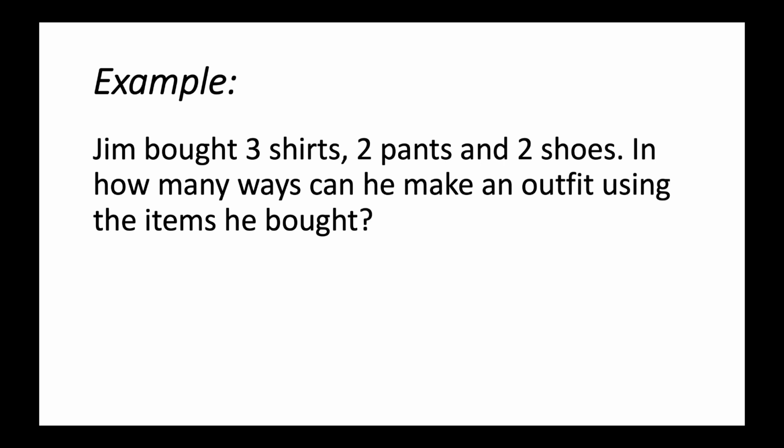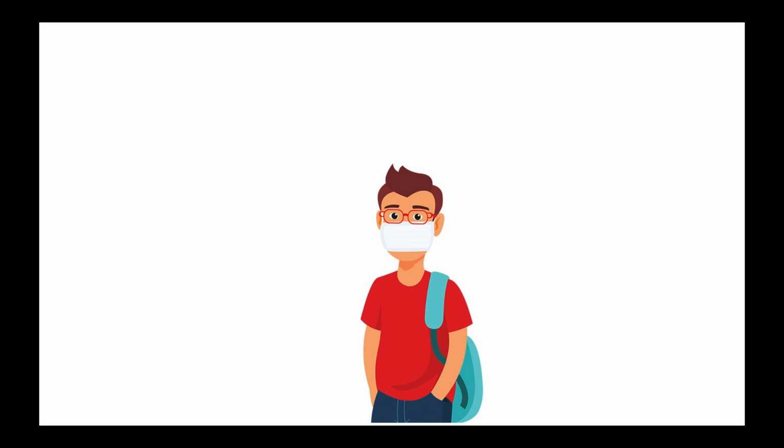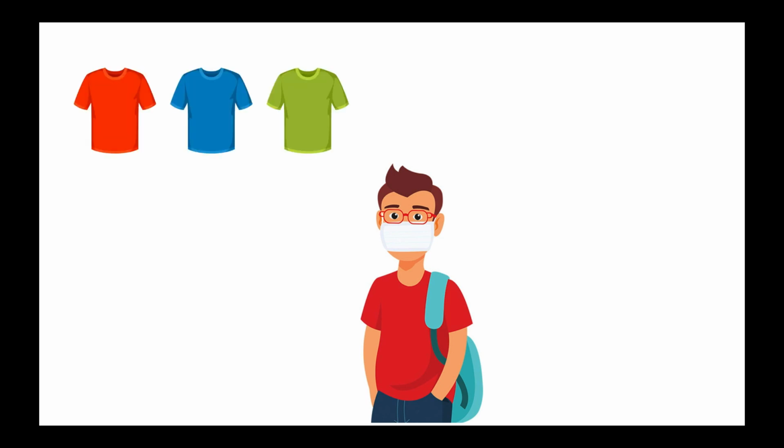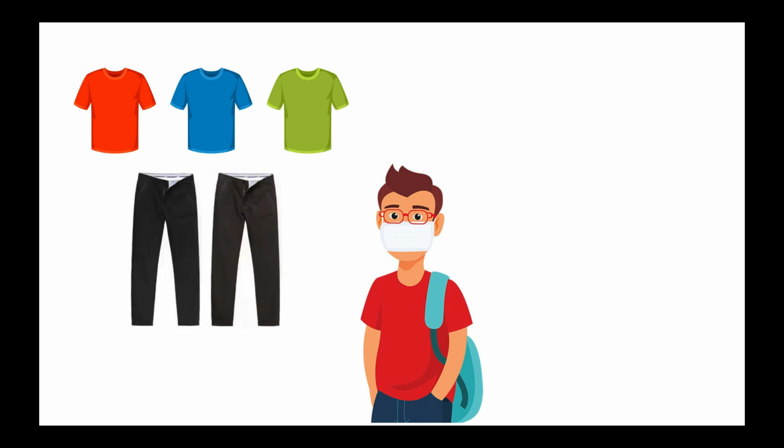Let's have an example. Jim bought 3 shirts, 2 pants, and 2 shoes. In how many ways can he make an outfit using the items he bought? So, let's try to visualize the problem. I have here Jim. It said in the problem that he bought 3 shirts, 2 pants, and 2 shoes.